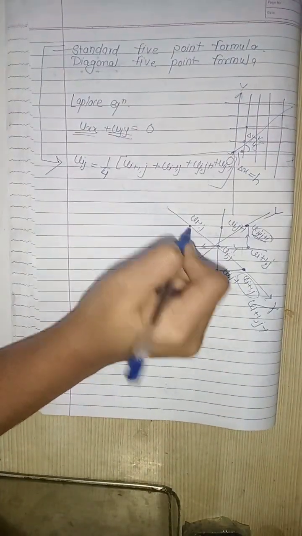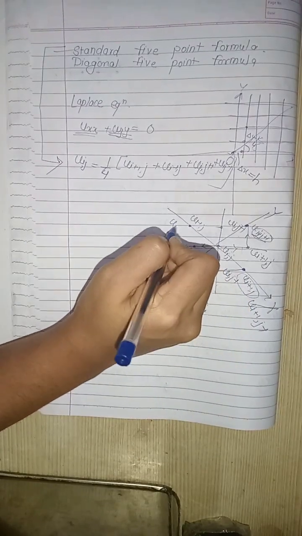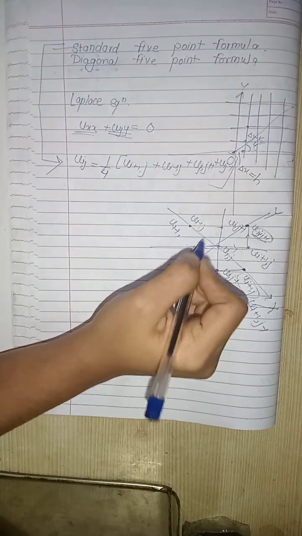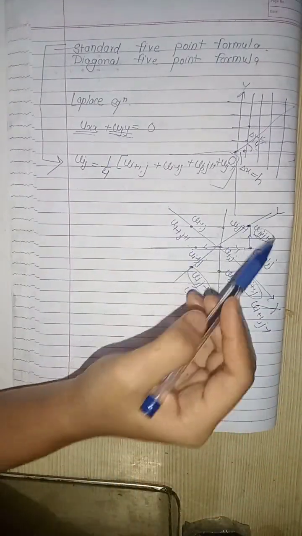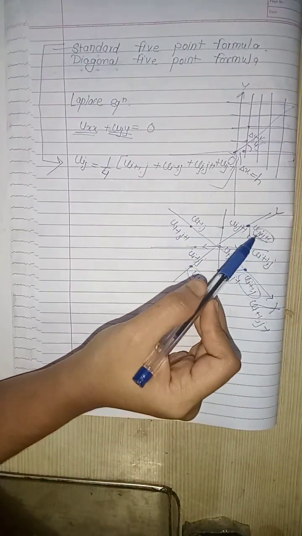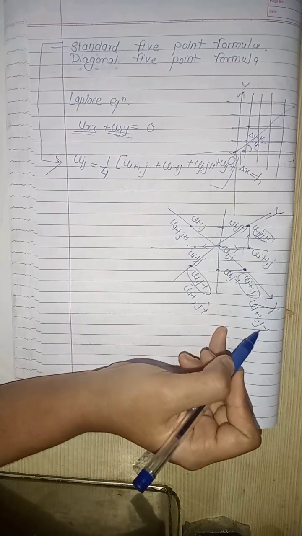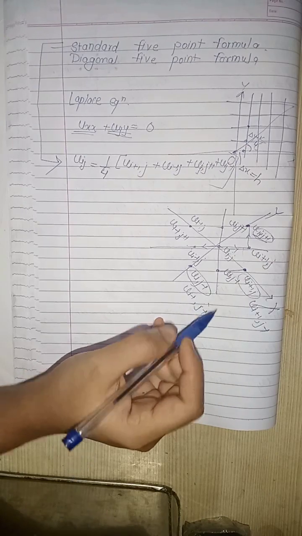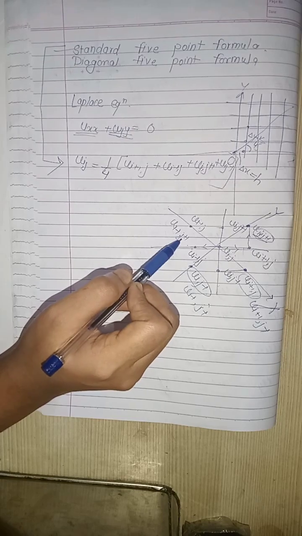This point is going in the negative direction along the x-axis, so it is ui-1, and in the positive direction with respect to the y-axis, so it is j+1. So our new coordinates are ui+1,j+1, then ui+1,j-1, then ui-1,j-1, and the last one is ui-1,j+1.